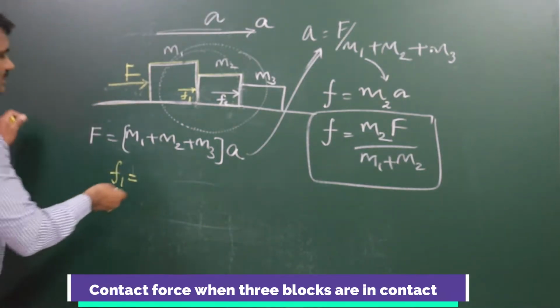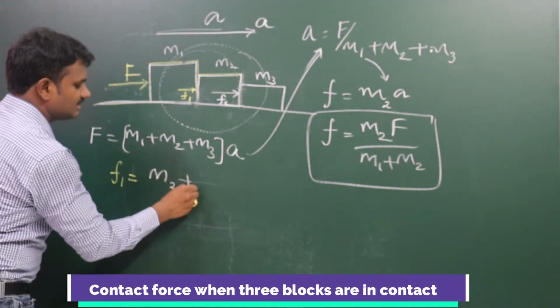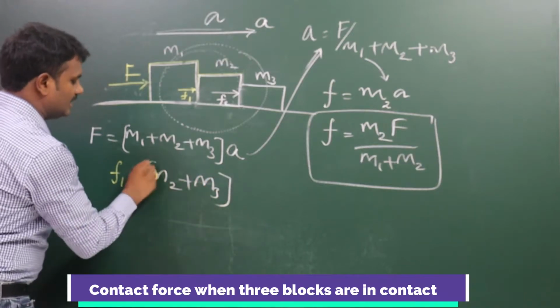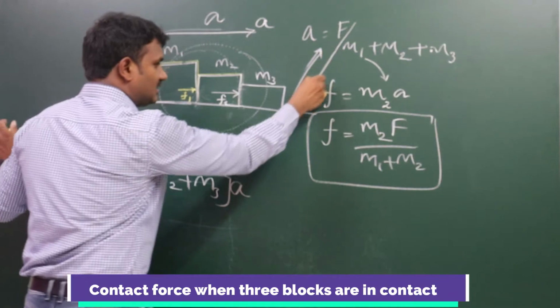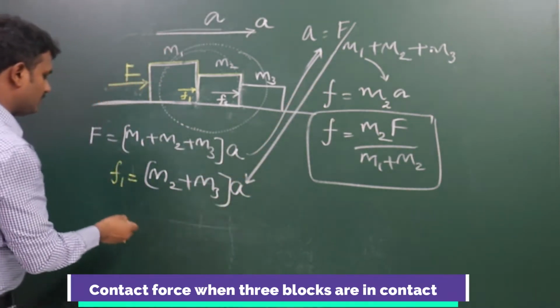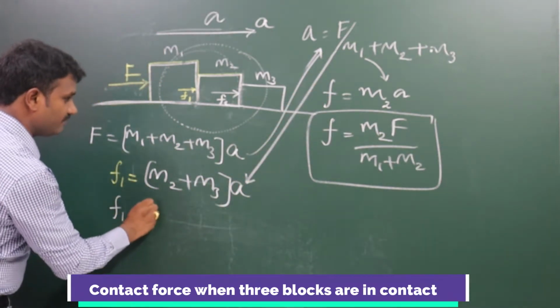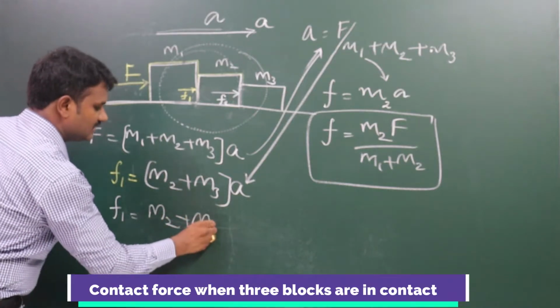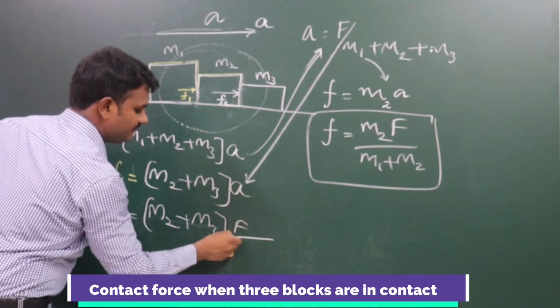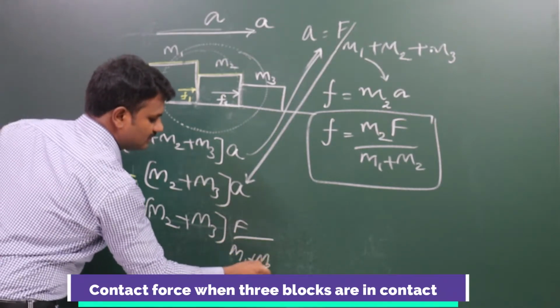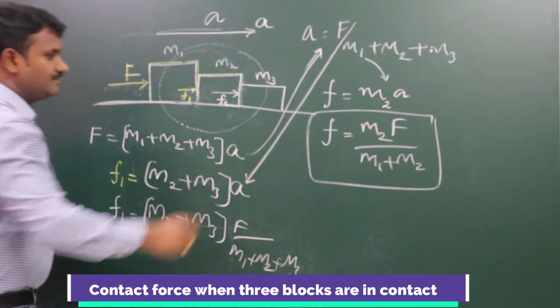That's why it is m2 plus m3 into acceleration. This is our acceleration, you have to substitute that here. So F1 is equal to m2 plus m3 into A, meaning F by m1 plus m2 plus m3. That's all.